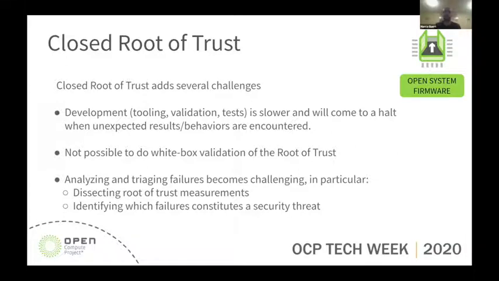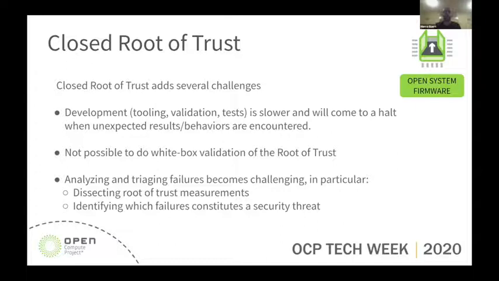And I think Philip has a very good example about that. White box testing cannot be done. You don't know exactly how it works internally, so you don't even know what exactly to do in terms of testing. And analyzing failures is challenging.